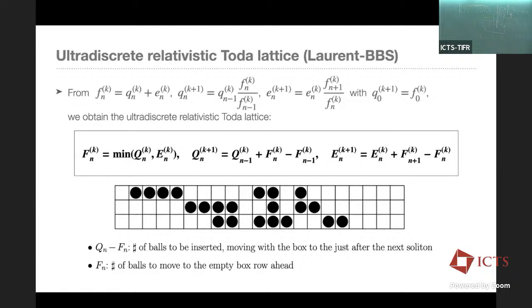Yes. It's not so bad, but a bit complicated because we have to move the ball together with the box. This situation doesn't happen in the previous box and ball system. But in our case, the relativistic Toda can give us such types of box and ball rules.